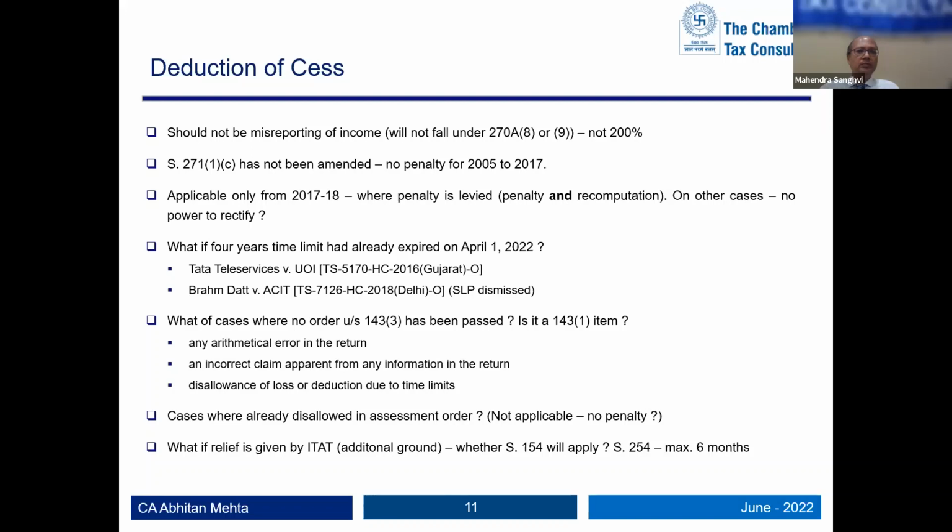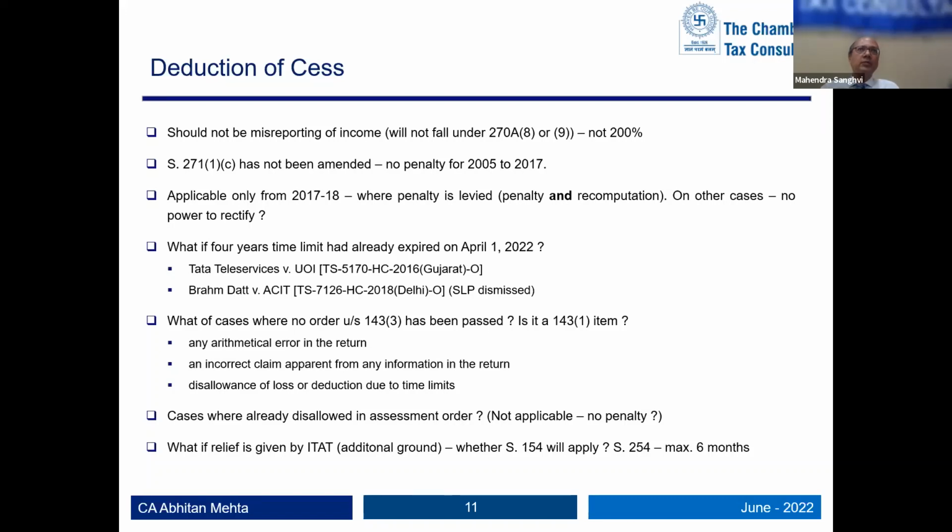And now coming to another aspect, that if there is a 143(1) order and there is no 143(3) order, can you do a rectification? Because rectification is when there is an order and there is a mistake apparent on record. So what powers do you have in 143(1)? There are 3 adjustments broadly to be made.